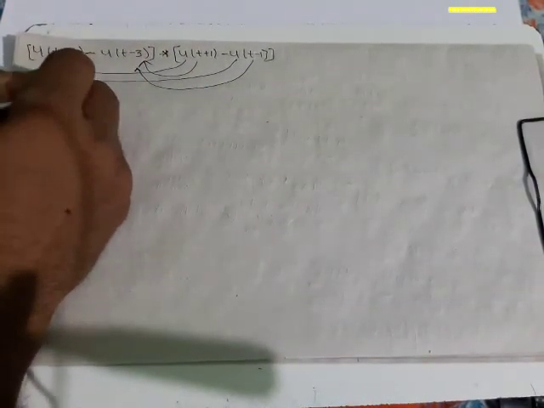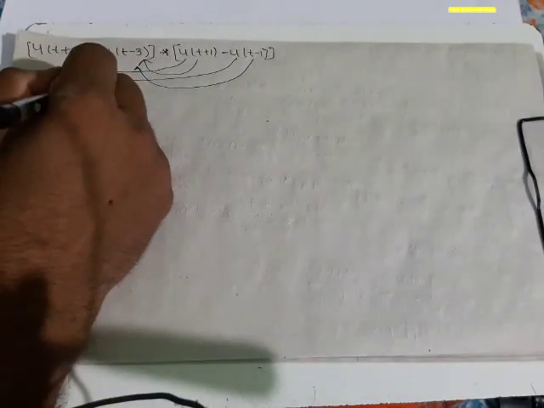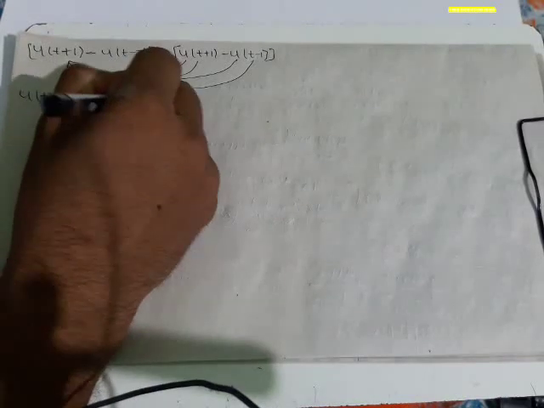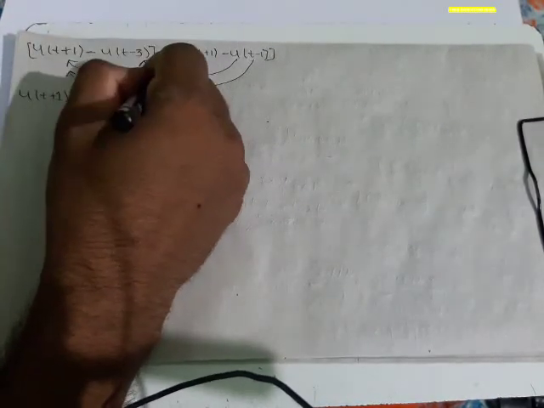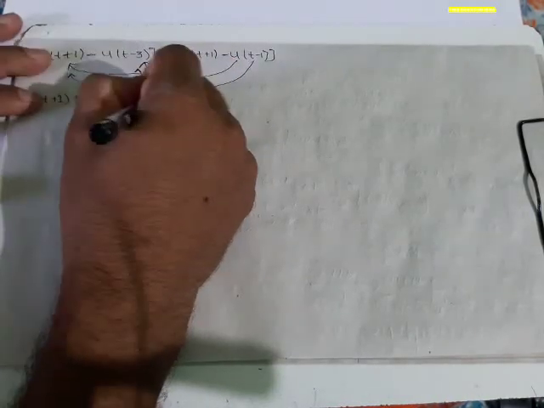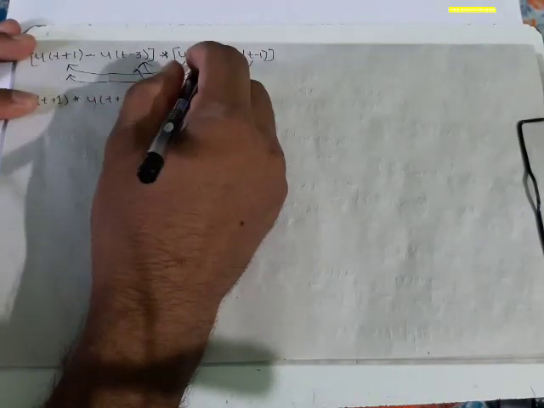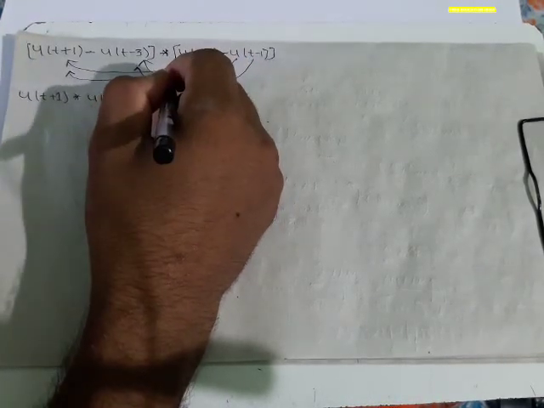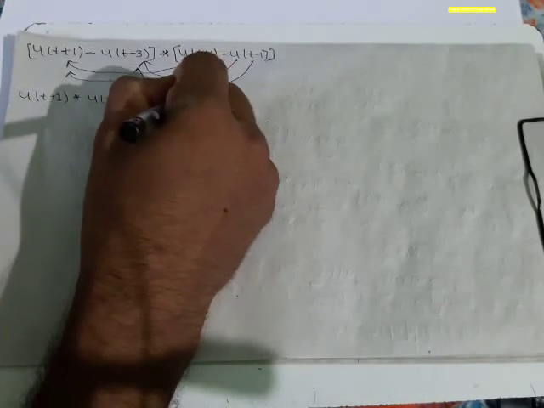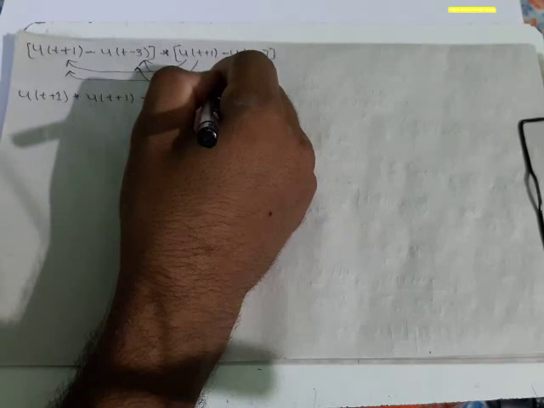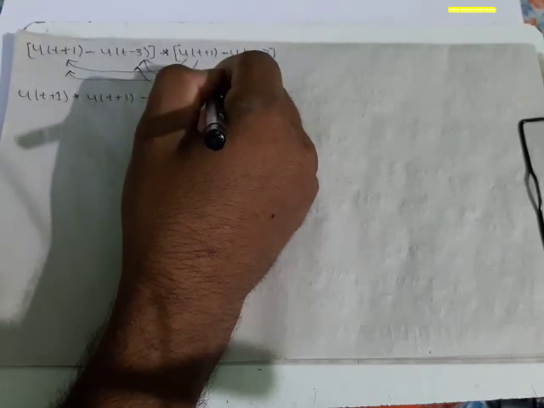This is one, and another convolution is minus u of t plus 1 convolution with u of t minus 1, again it is minus, and it is also minus, so minus minus plus. Plus u of t minus 3 convolution with u of t minus 1. So this is third and this is fourth convolution.